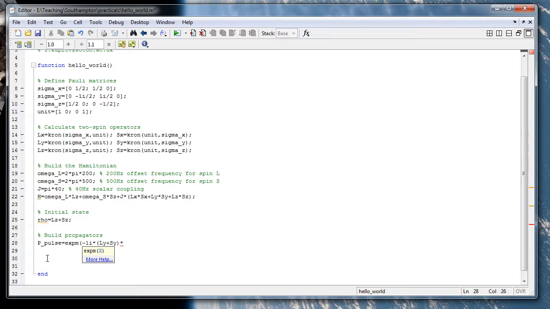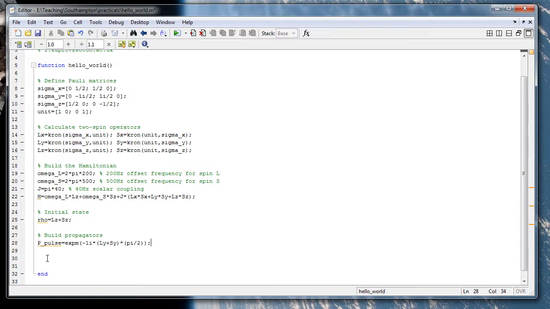But the power and the time, they occur in a reciprocal relation. So if we just put here a pi by 2, what will happen is the pulse will actually be a pi half pulse, because really no matter which particular duration and which particular power we choose, duration times power for a pi by 2 pulse is just pi by 2.